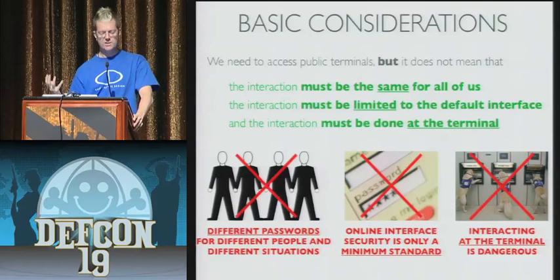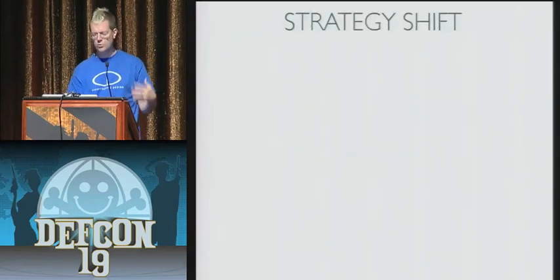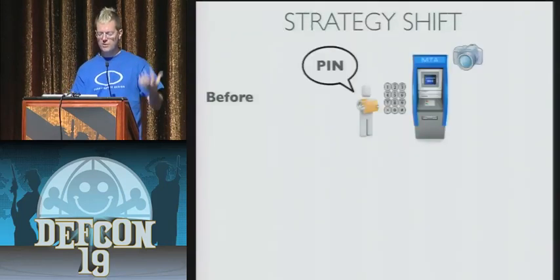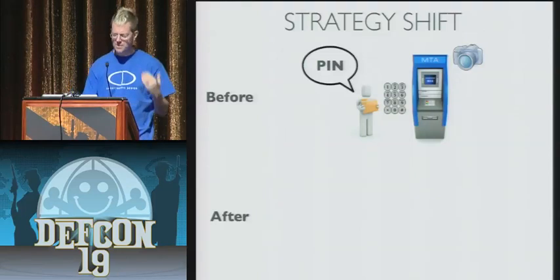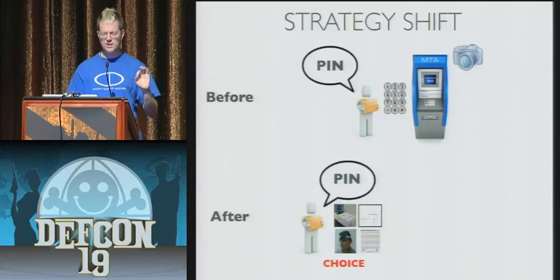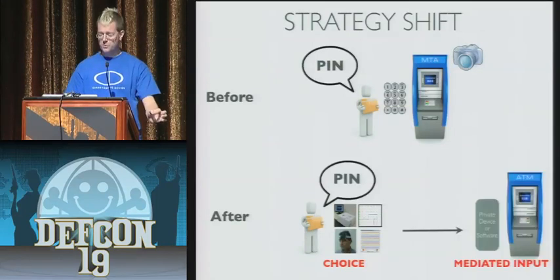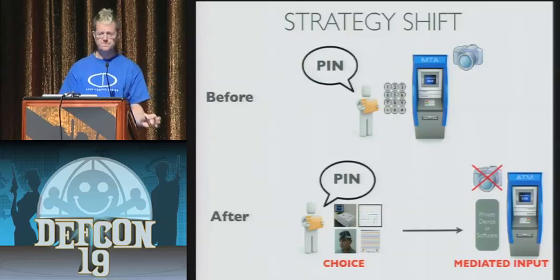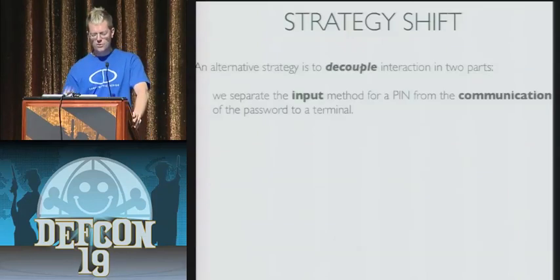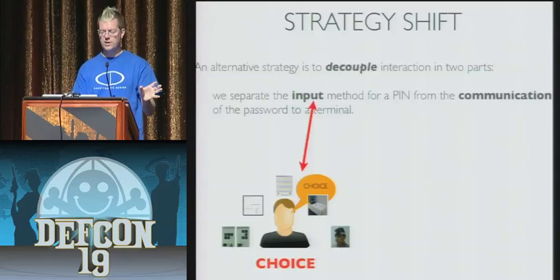And we want to revisit the assumption that all interaction has to happen at the terminal. Even if it's a physical terminal that you've got to use, all of that interaction doesn't have to happen there. So we want to move from a mode where everything is done one way at the terminal, subject to observation, and replace it with a way that things can be done lots of different ways. The input is mediated at the terminal in an observation-resistant fashion. So, in other words, to decouple the interaction, to separate the input method from the communication to the terminal.